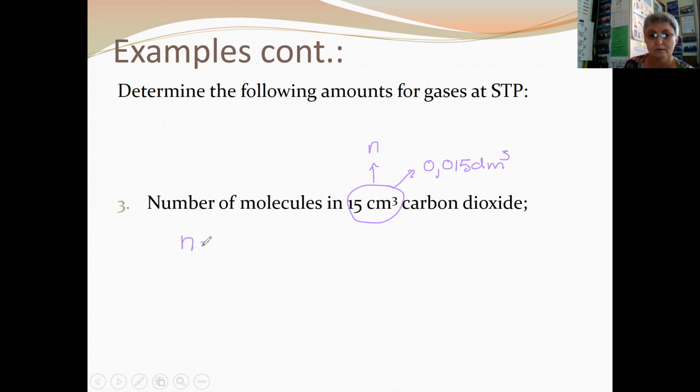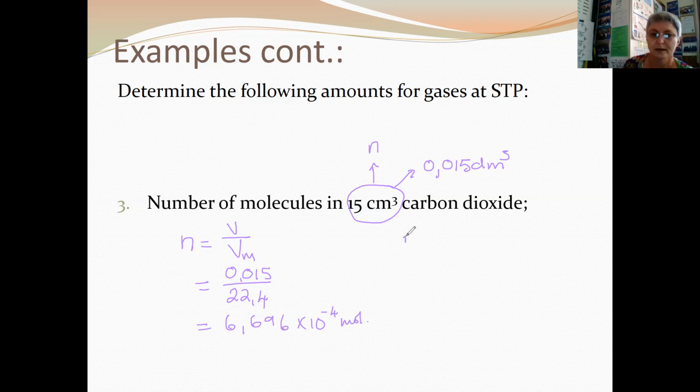So the moles of the gas would be the volume divided by the molar volume, which is 0.015 divided by 22.4. So this is 6.696 times 10 to the minus 4 moles.